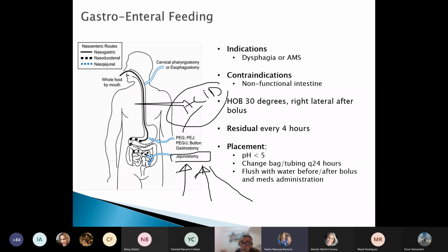Okay, this is a little specialized, feeding a patient with jejunostomy. Those patients that have jejunostomy are going to be receiving the feeding continuously in a continuous drip. So it's not like in the PEG tube where you can give a bolus feeding 3-4 times to the client.